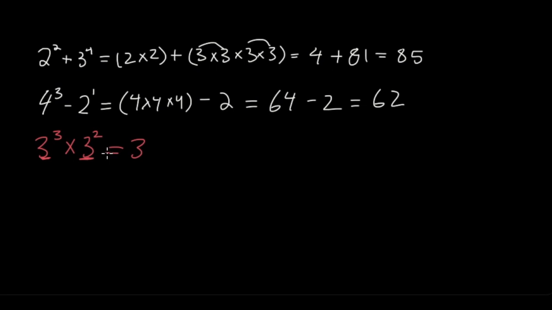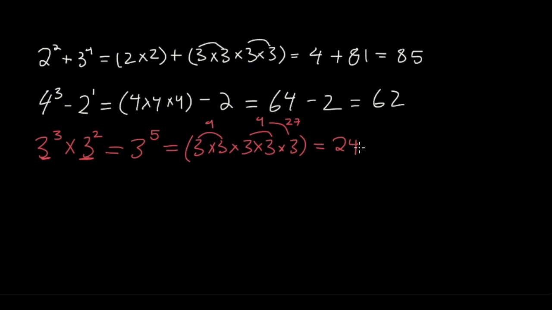Meaning, I just rewrite the 3, and what's 3 plus 2? We're left with 5. Now, if I want to evaluate it, I simply treat it like any other exponent. 3 times 3 times 3 times 3 times 3. This gives me 9, this gives me 9, this gives me 27. Then I multiply 27 times 9, and that gives me 243.